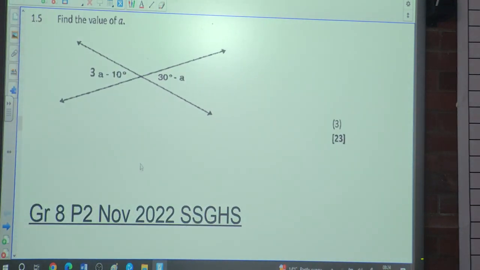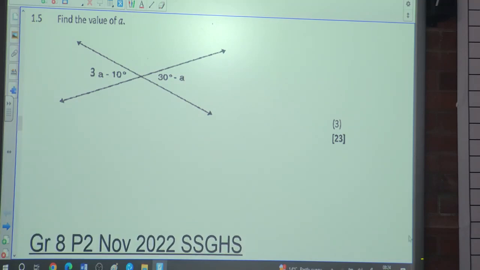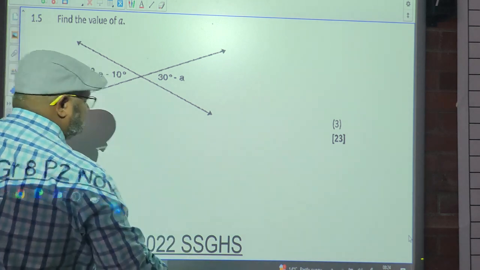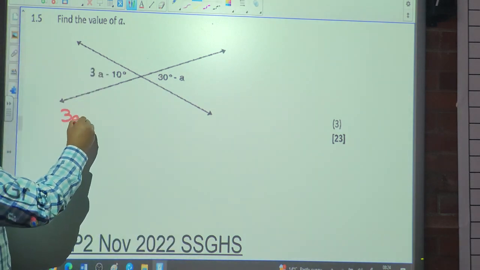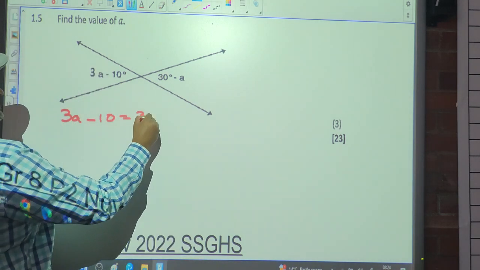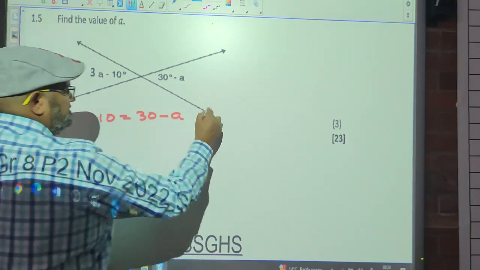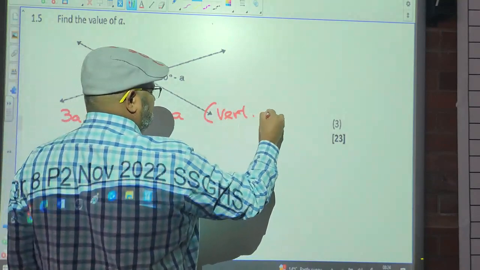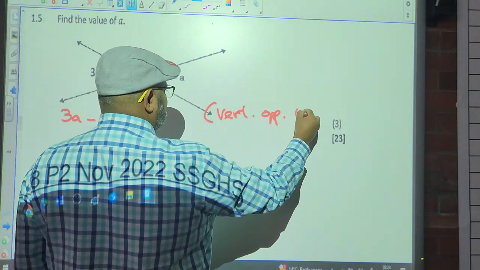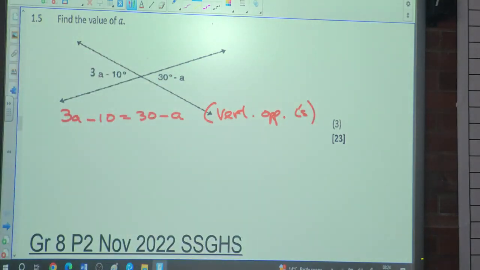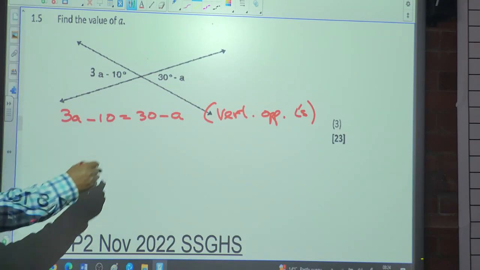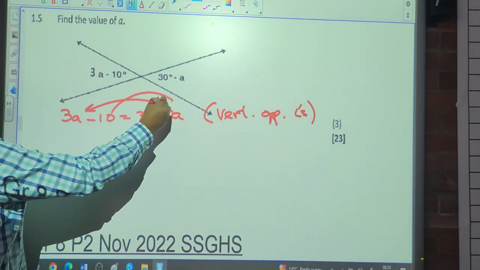Find the value of a. So what can we say here? Vertically opposite angles are equal. So 3a minus 10 is equal to 30 minus a. It is vertically opposite angles. So in pursuit of calculating a, I must do linear equations.